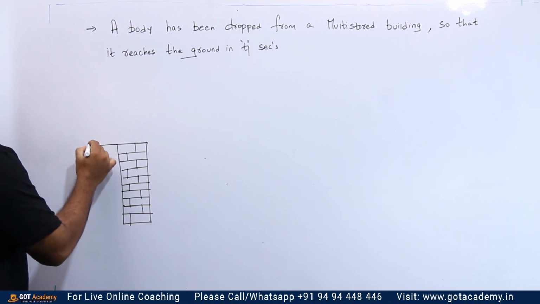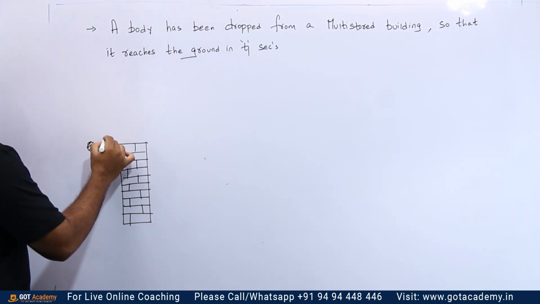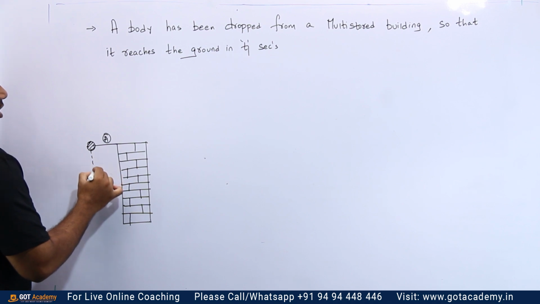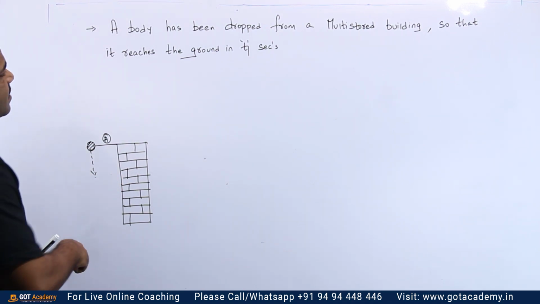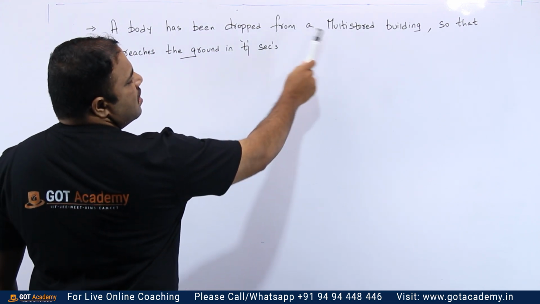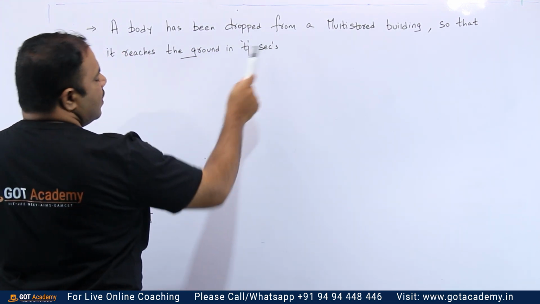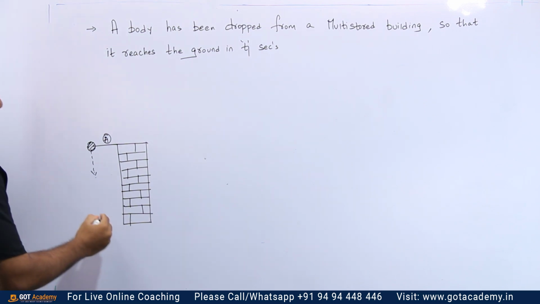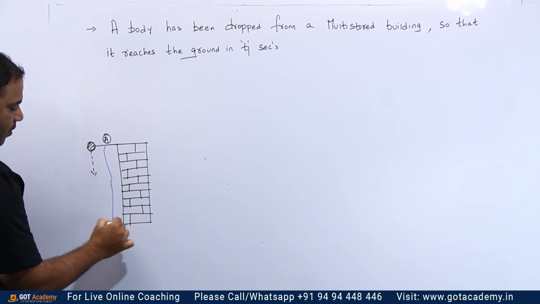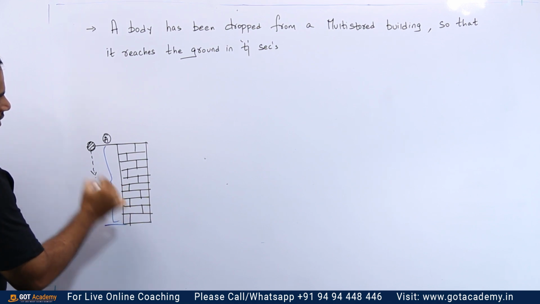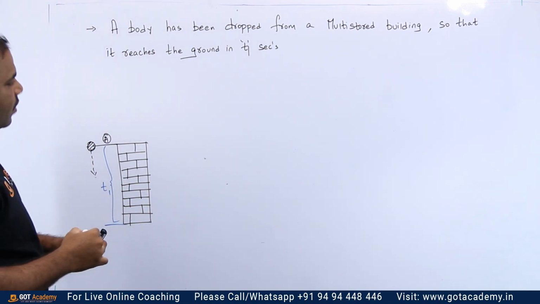So this is a body. Let this be point A, has been dropped. Dropped means dotted lines. As per the given question, the time taken to reach the ground is t1 seconds. So initially, the time taken from this point to this point is t1 seconds.